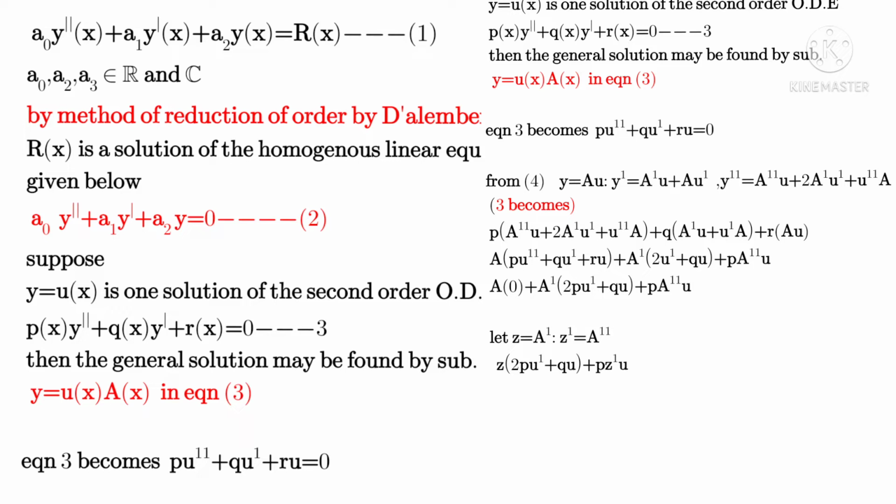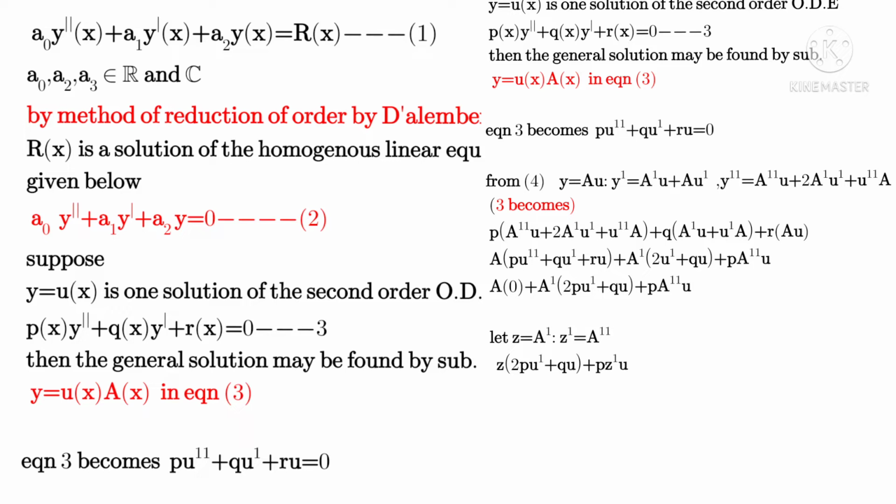Then equation 1 can be written as p(x)y'' plus q(x)y' plus r(x)y equals 0, since we already said y equals u of x.